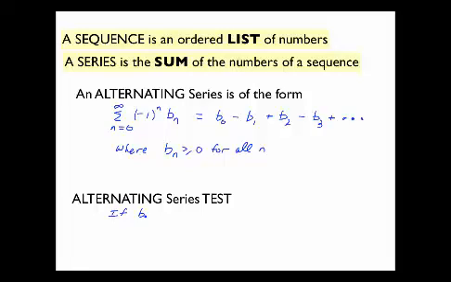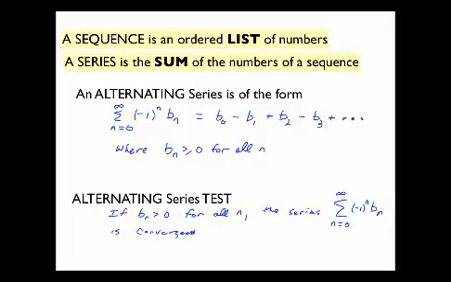So we'll just write it for clarity. If Bn is greater than 0 for all n, the series is convergent if the first condition is that the sequence Bn is a decreasing sequence.